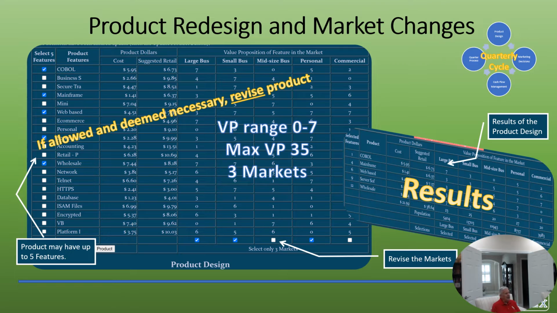Based on your analysis of the gaps that exist in your particular industry, your attempt is to try to improve, enhance your growth, your revenues, your units sold. How do you do this? If allowed, by changing the product features and by changing the markets.